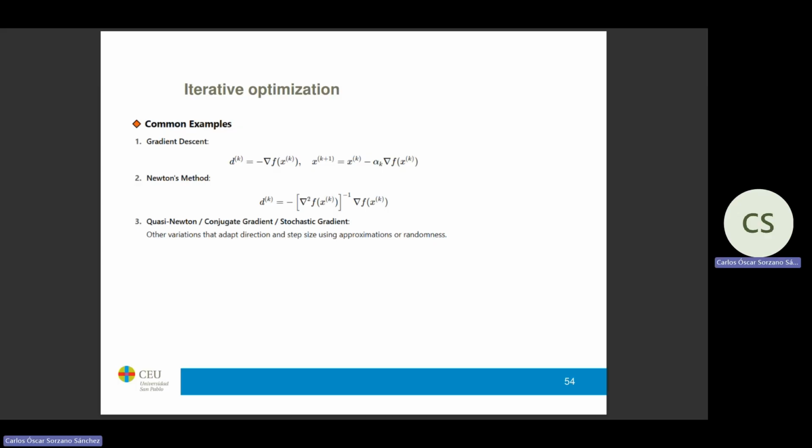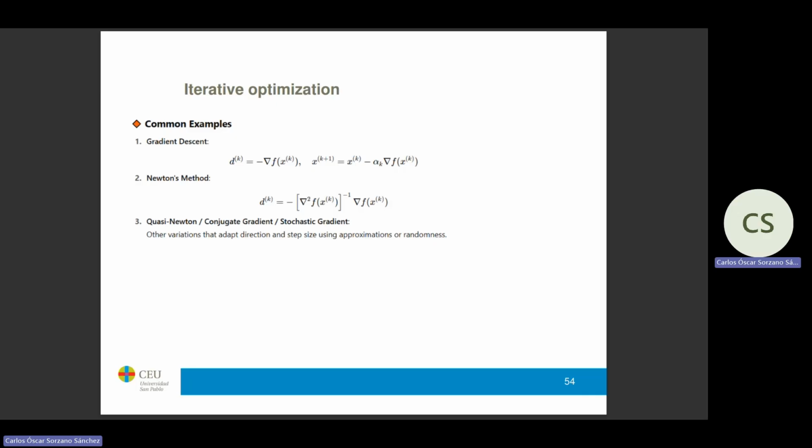It is approximating the function by, if it is a multivariate function, the second derivative is the Hessian. And there are many other ways of looking for interesting directions: quasi-Newton, conjugate gradient. Conjugate gradient actually is very, very much used.